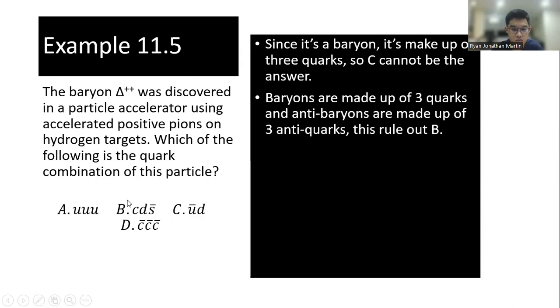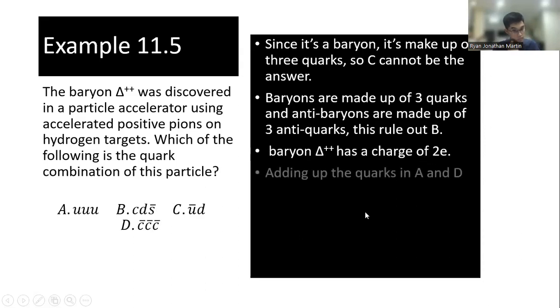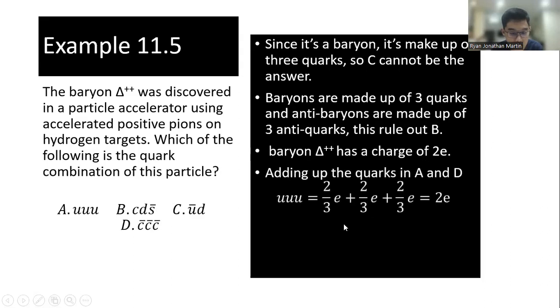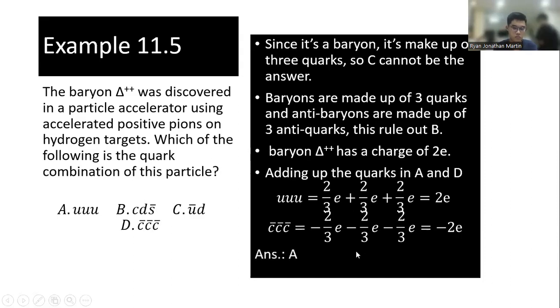So we eliminate B. It's either A or D. We just work it out. Adding up the quarks in A and D, that's minus 2E. So answer, you're right, A, good.